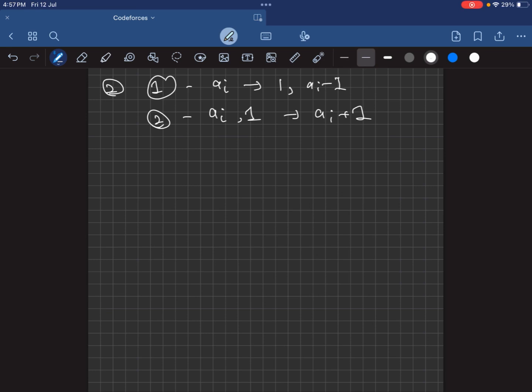So to add any two pieces, suppose I have two pieces, 6 and 5, what will I have to do? I'll have to convert 5 into 5 pieces of size 1. So my array will start looking like this. This cost me 4 operations, and then I have to merge all of them. This will cost me another 5 operations to get a casserole of length 11.